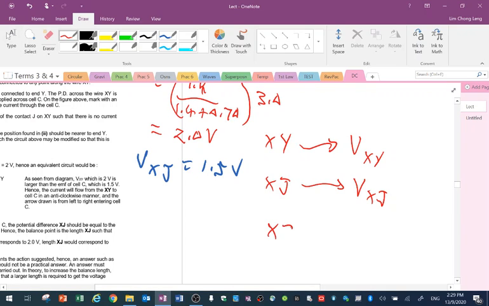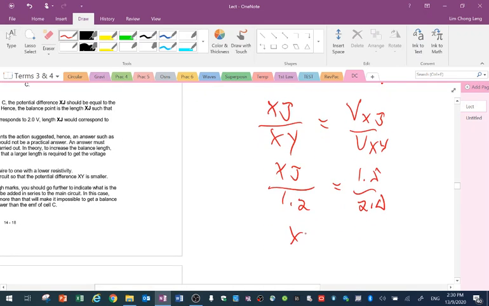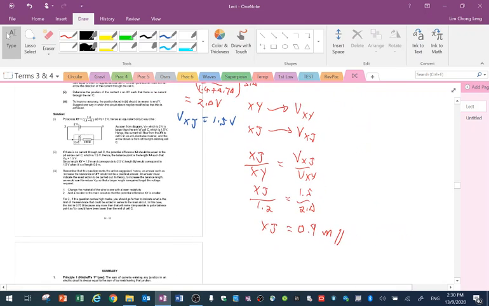XJ divided by XY equals Vxj over Vxy. So I can find XJ very easily because this is 1.2, this is 1.5 divided by 2.0. If you make a calculation, XJ is actually 0.9 meter. Okay, so it's not that difficult. You can slowly decipher this.